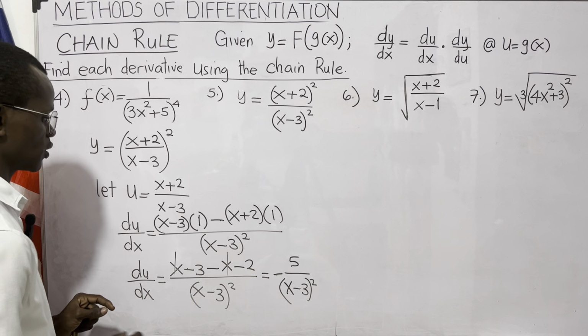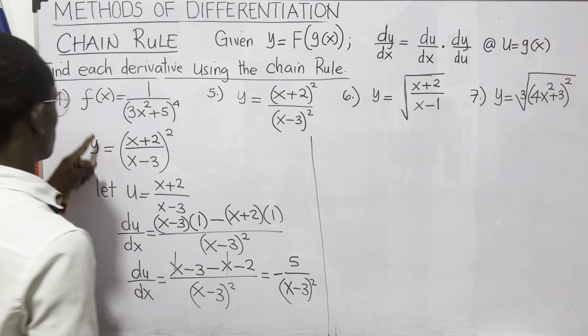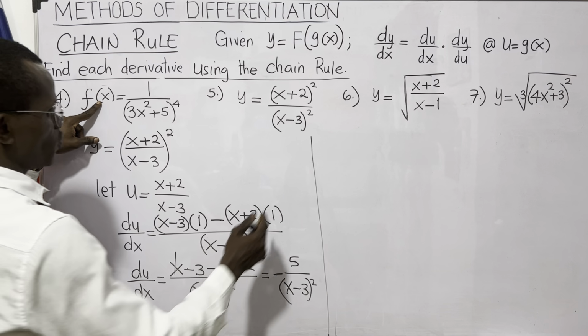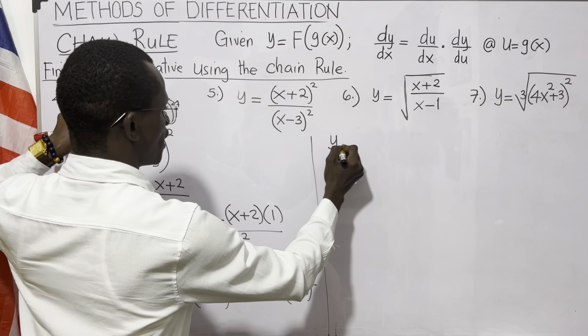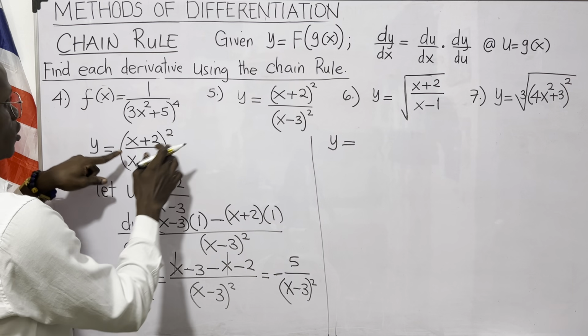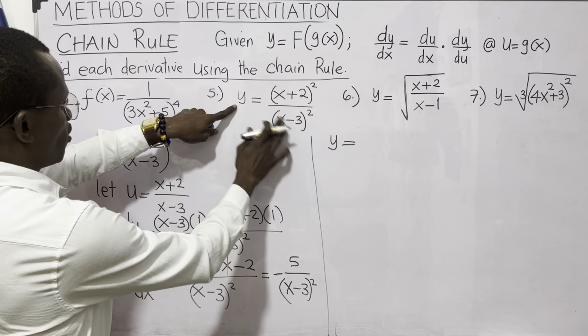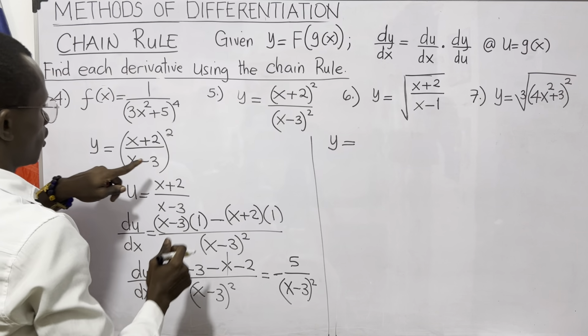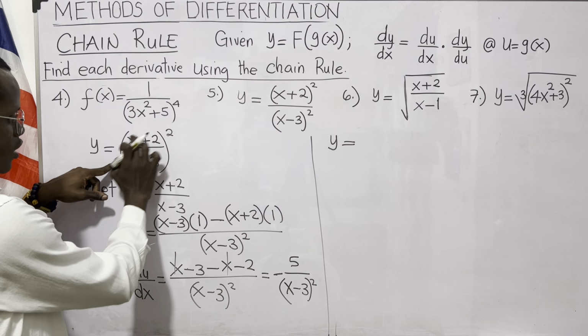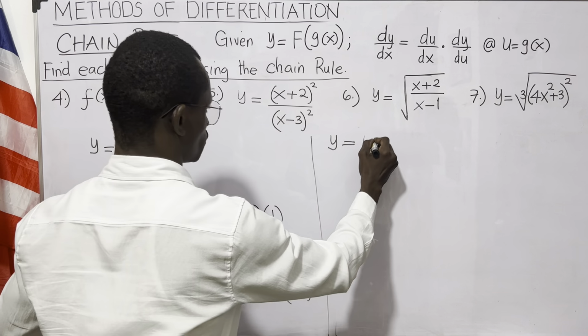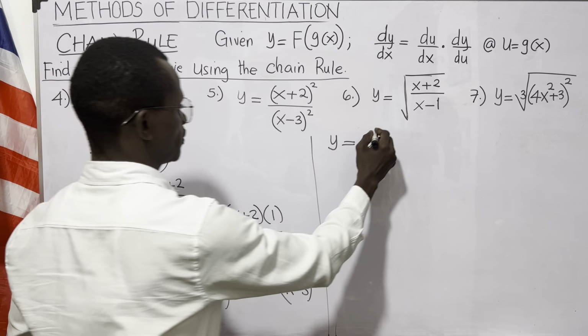So that's the first one. We now move on. Now there's f, so we can replace this f now with y. This is the function we're using. So this inner portion is just u, so it's u raised to the second power.